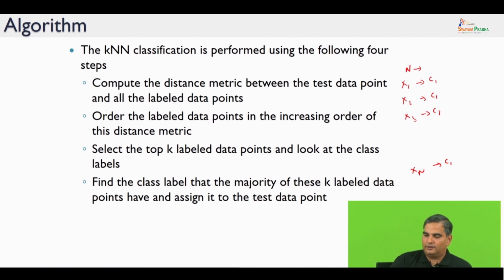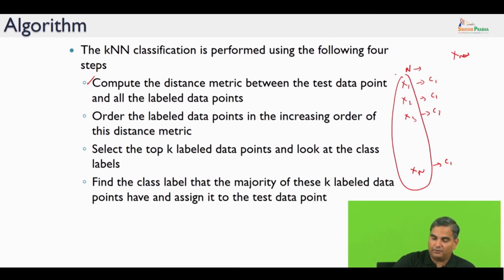Then what you are going to do is, let us say I have a new test point which I call x new, and I want to find out how I classify this. So the very first step, which is what we talk about here, is we find a distance between this new test point and each of the labeled data points in the data set.